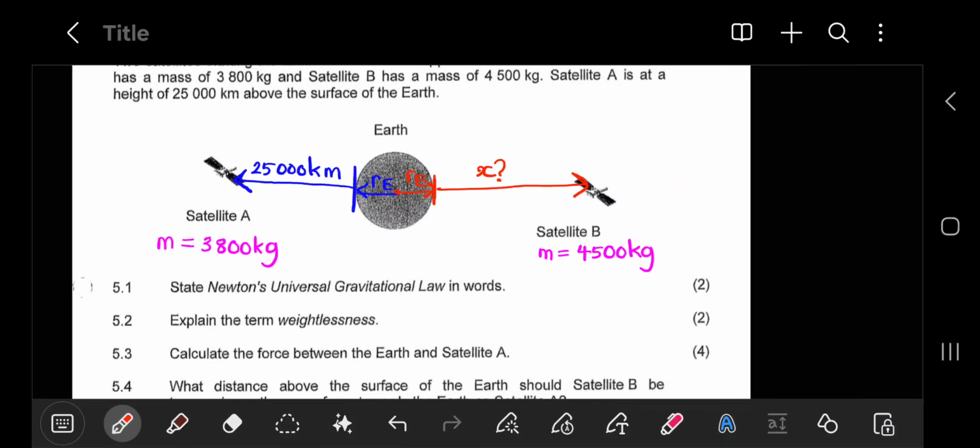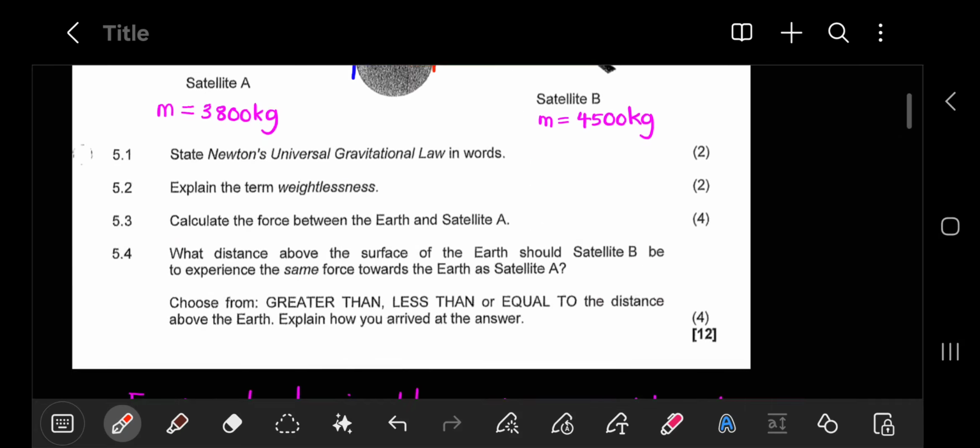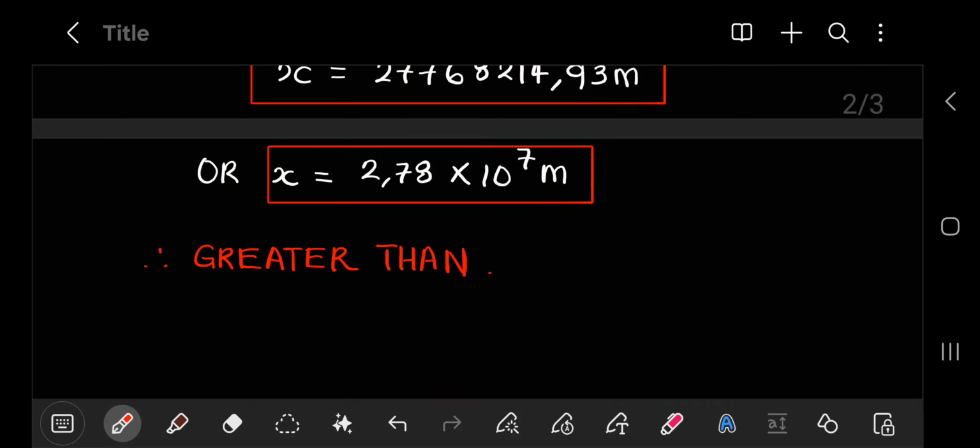So obviously 27,768,214 is greater than 25 million, which means that the distance between satellite B and the Earth is greater than the distance between satellite A and the Earth. So we are going to conclude and say greater than as our final answer.